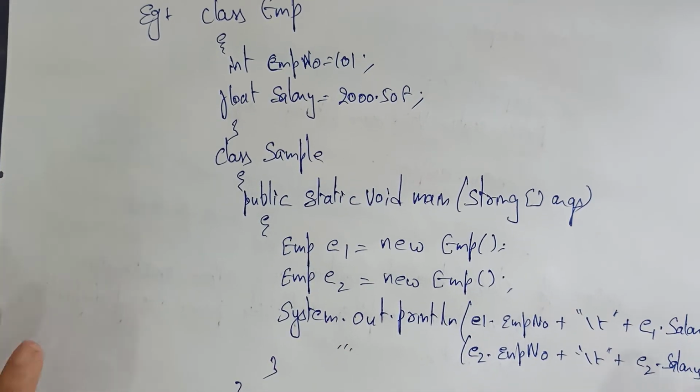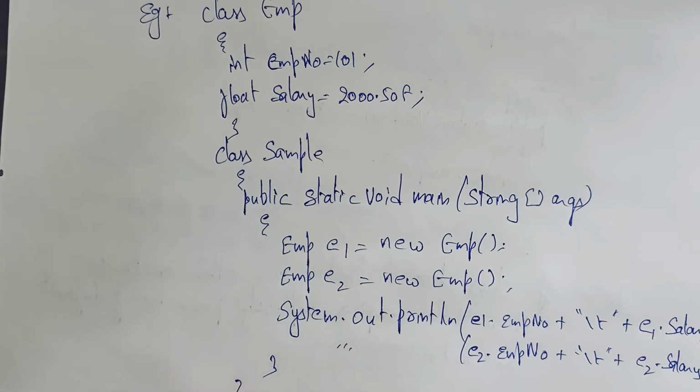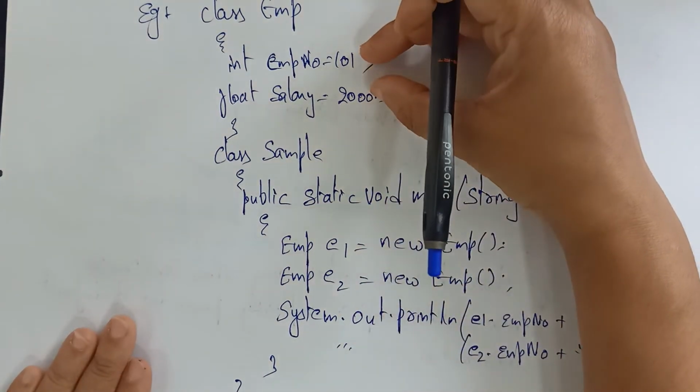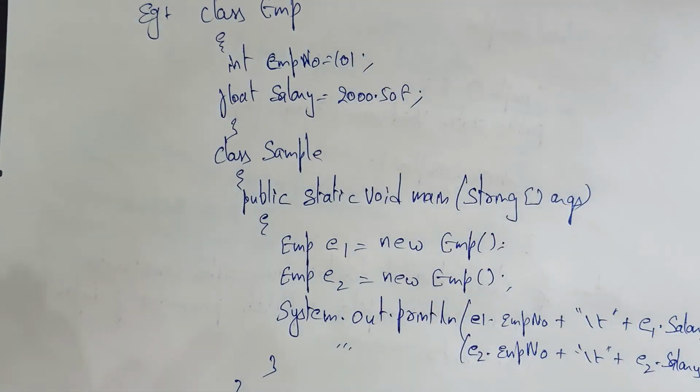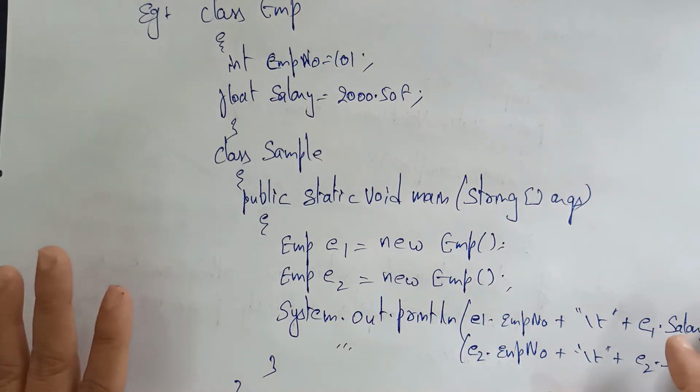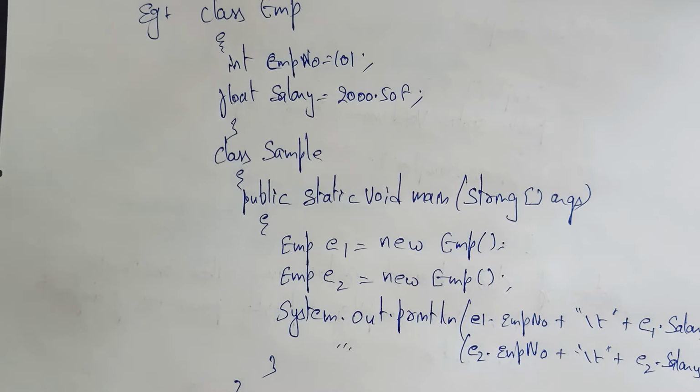So this way of initialization is suitable for one object only. Whatever initialization is there is suitable for one object only. If the application requires more than one object, then use a constructor to initialize instance variables.